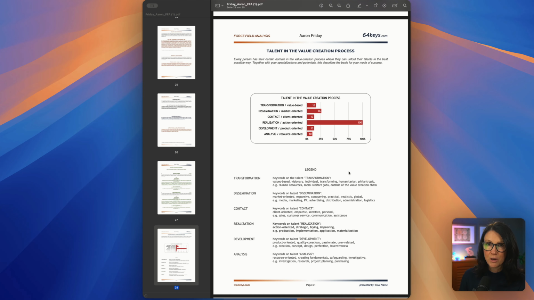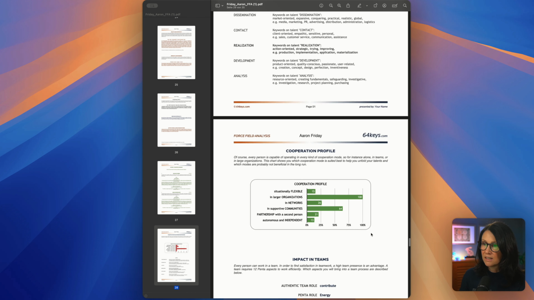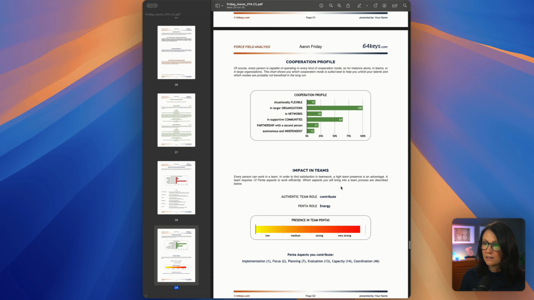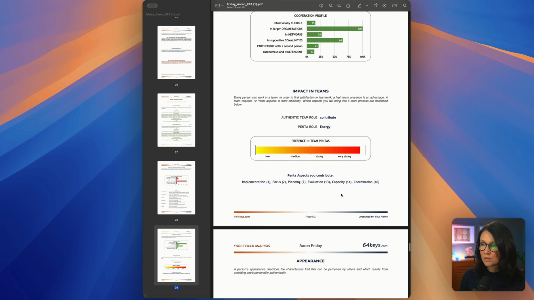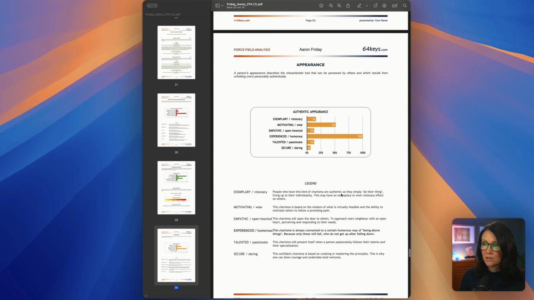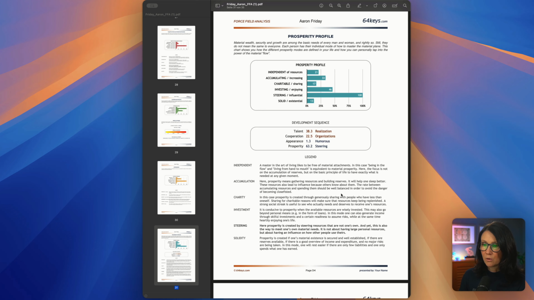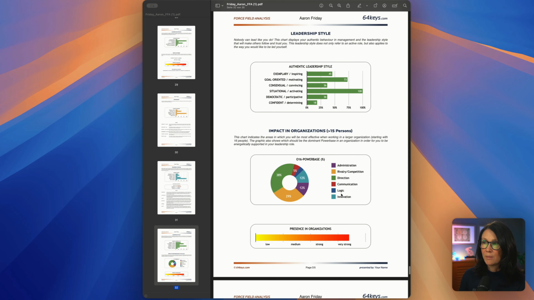That includes the information I just showed you about the talent in the value creation chain, the cooperation profile, the impact in teams, the authentic appearance, and the prosperity profile, and also about the authentic leadership style of a person, the impact they have in larger organizations. That means the power base and the presence in organizations. This is helpful information for career coachings and when you're working with organizations.